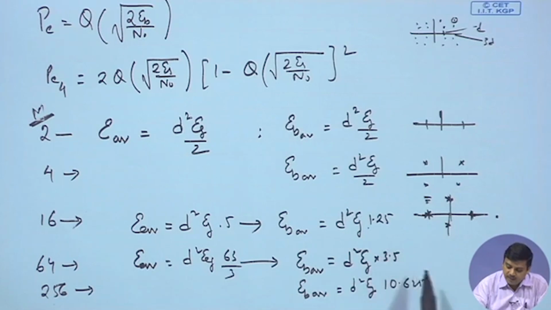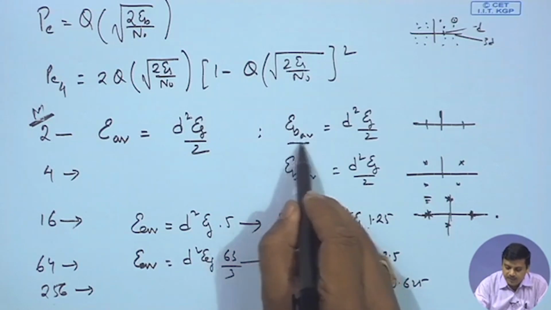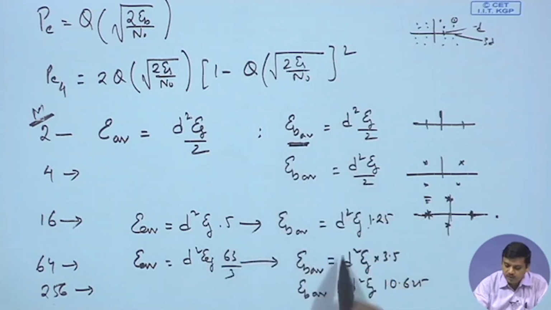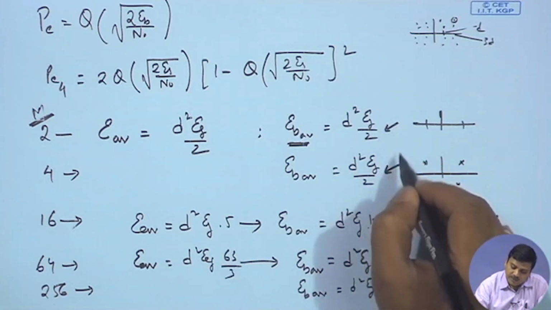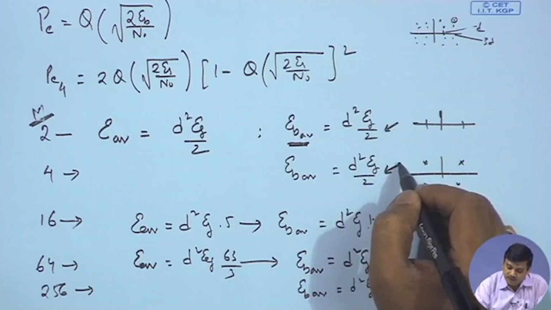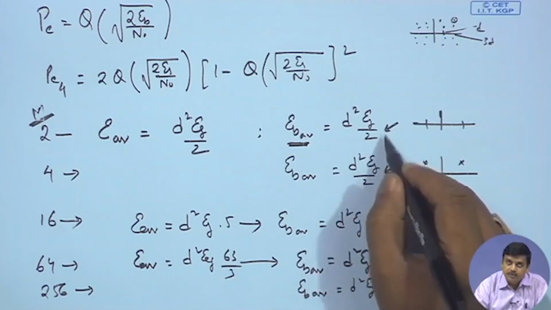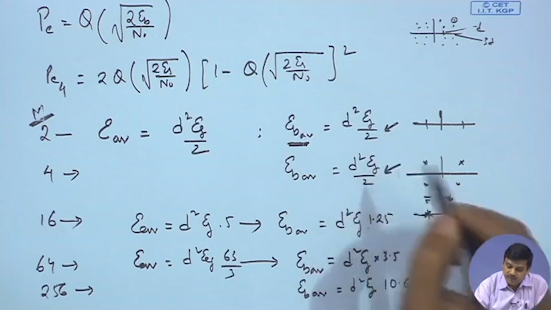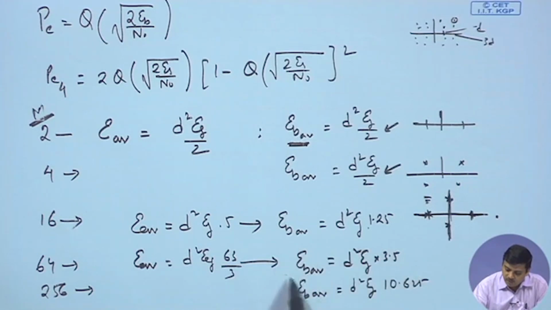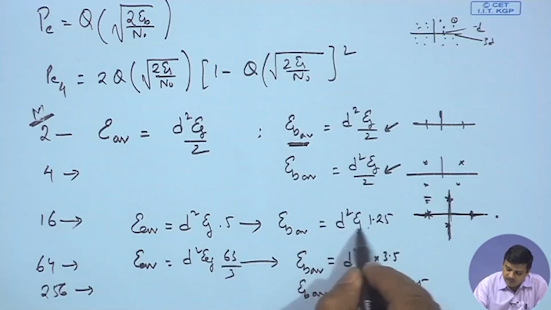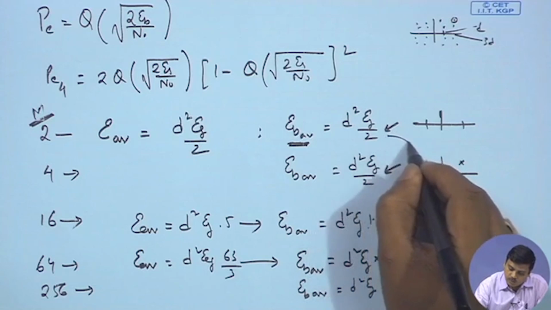So, if I have to maintain the same error probability, what we find is that E_b average keeps on increasing. Between BPSK and QPSK, that means binary PAM and quaternary phase shift keying, we find that the energy per bit requirement has not been different, and the simple justification is as if there is binary PAM on two axes. However, if you go to 16 QAM, what we find is that the factor is 2.5 times.